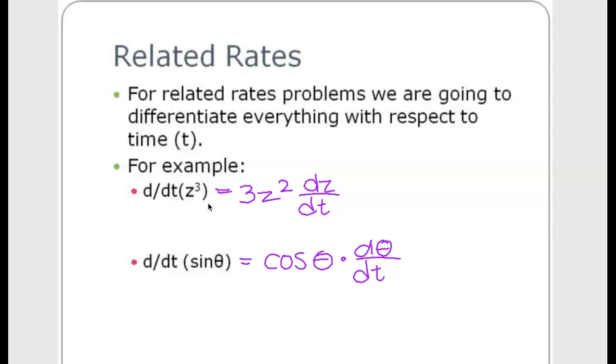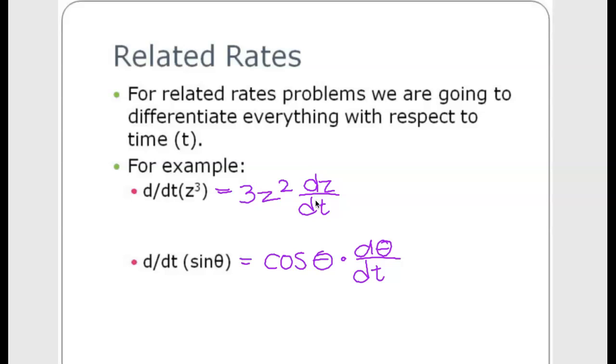So when you take the derivative of z cubed with respect to time, it's still the derivative of z, but now it's the derivative of z with respect to t. So you have to multiply by dz/dt. Kind of like when you took the derivative of y, you had dy/dx.